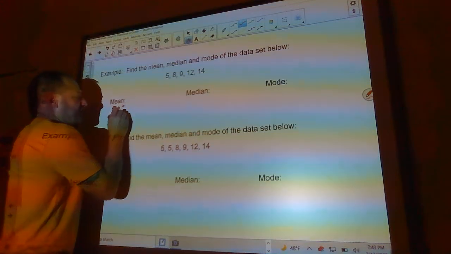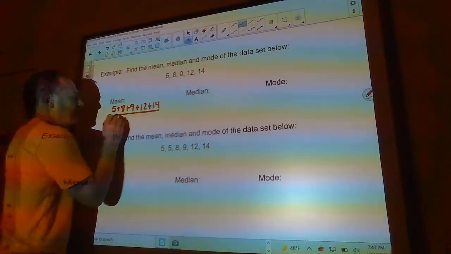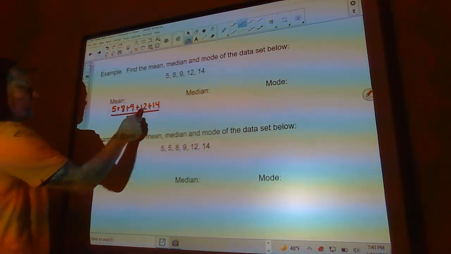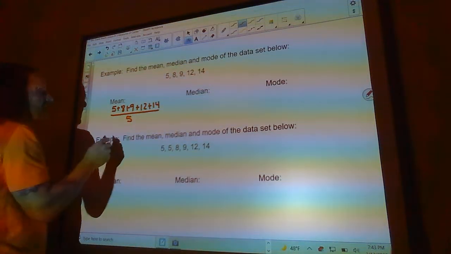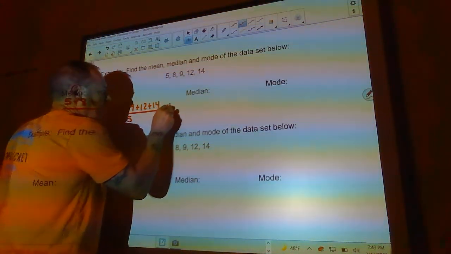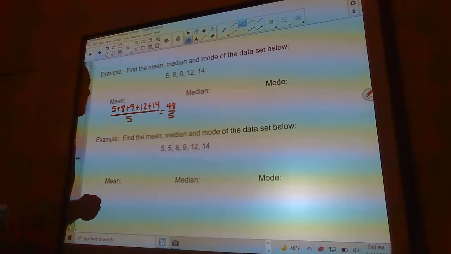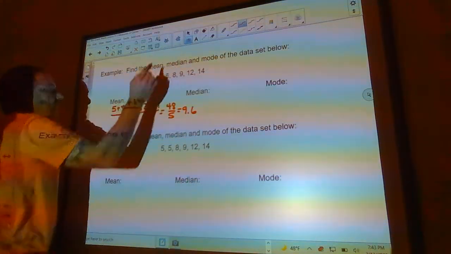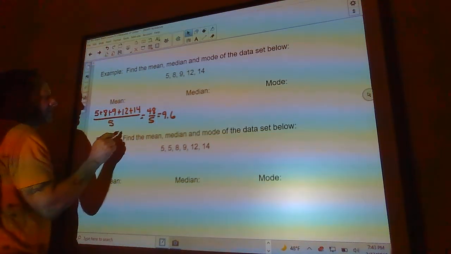So 5 plus 8 plus 9 plus 12 plus 14 is 26, 35, 43, 48, divided by 5. So it's going to be 9.6. My mean is 9.6.